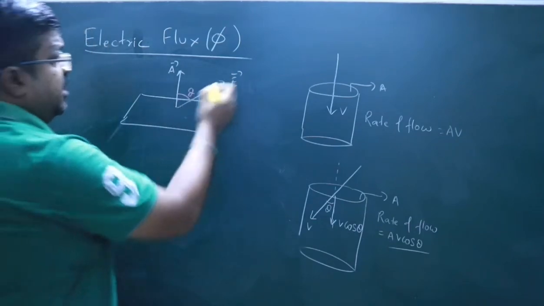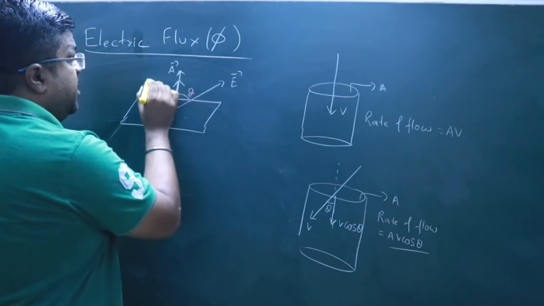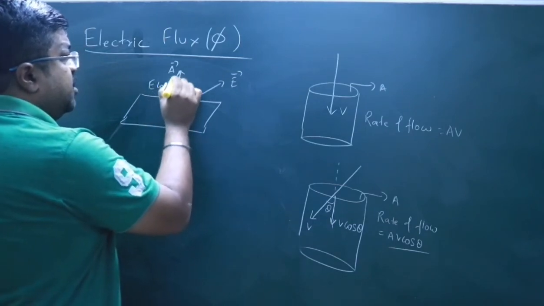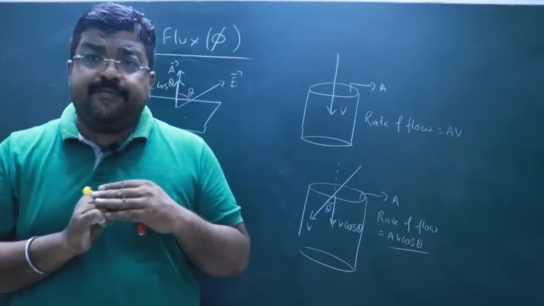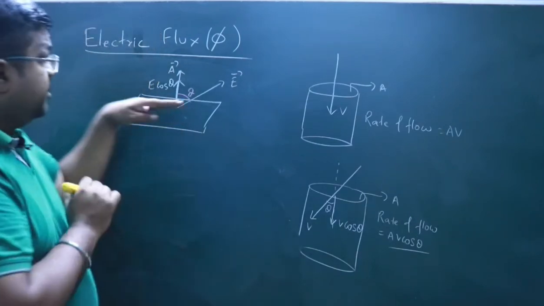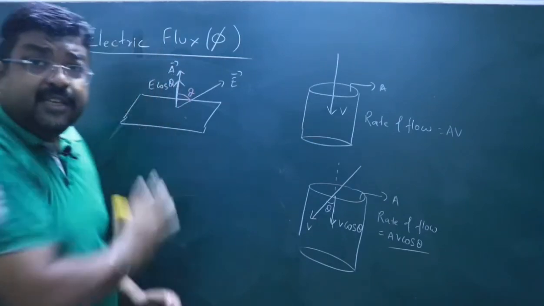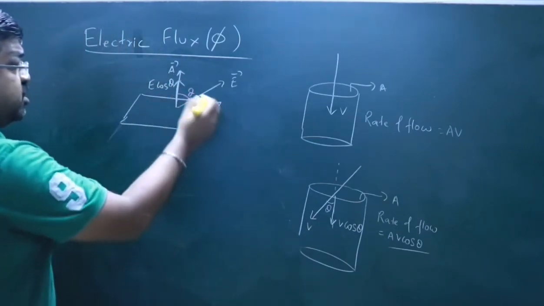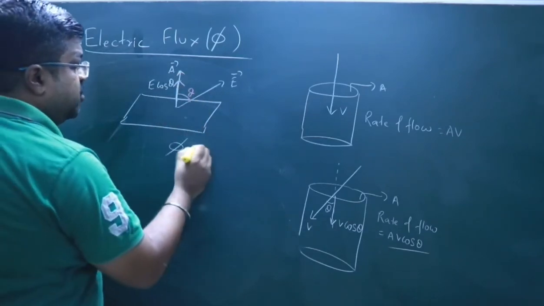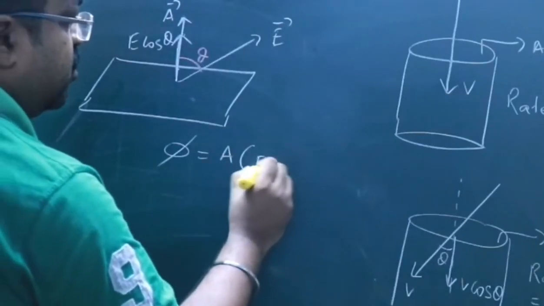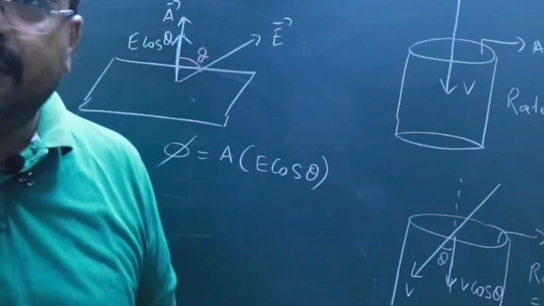So if this is the electric field intensity, and this is theta, this component will be E cos theta. So E cos theta is the component of electric field which is normal to the area, and the area vector is also normal to the area. So both A and E cos theta are in the same direction. So the flux, denoted by the symbol phi, will be the product of these two quantities. So this is A into E cos theta.